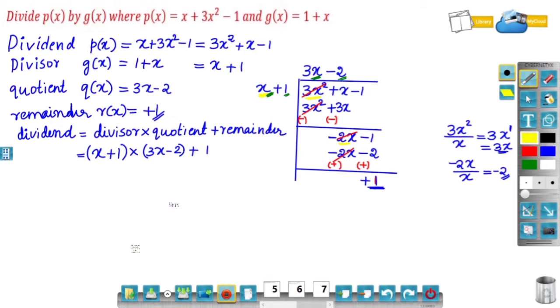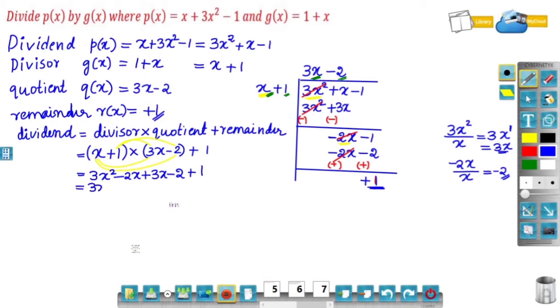Now multiply x plus 1 and 3x minus 2, multiplying binomial by binomial. Now x into 3x, x into minus 2, then 1 into 3x, then 1 into minus 2. Now multiply. X into 3x is 3x square, x into minus 2 is minus 2x, plus 3x minus 2 plus 1.